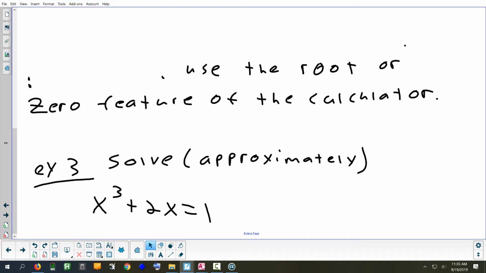Oh, right. So how would I do this problem on my calculator? It's going to be the same way we did the last one.